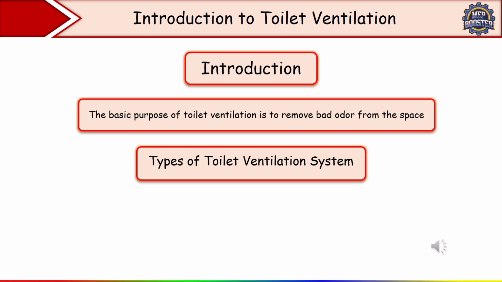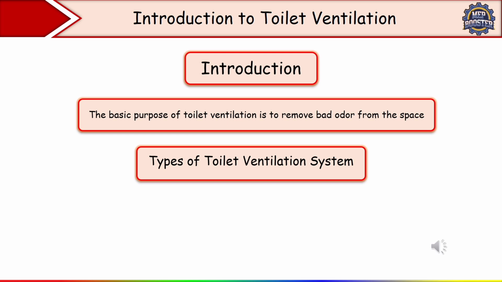So our main target is what? If anyone uses that toilet, they feel uncomfortable. So we have to make a comfortable environment. That is why our main target is to remove the bad odor from the space.